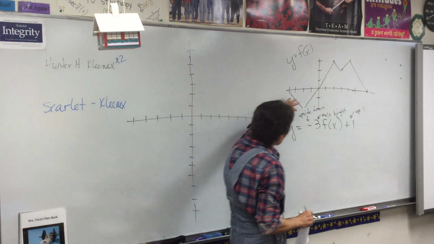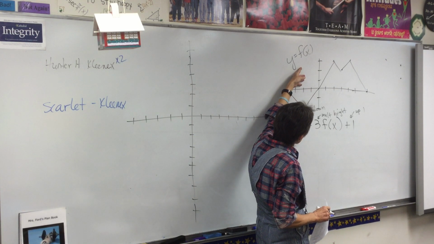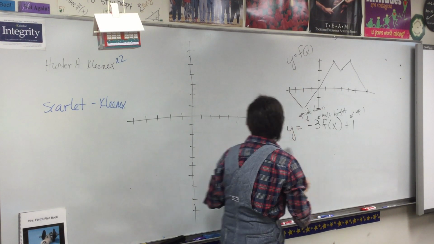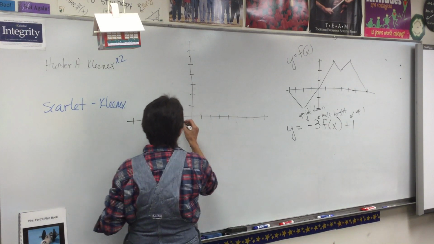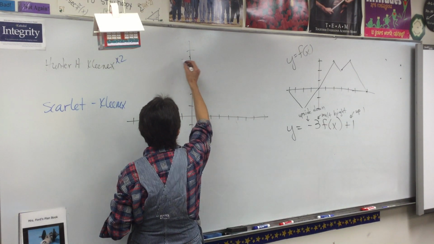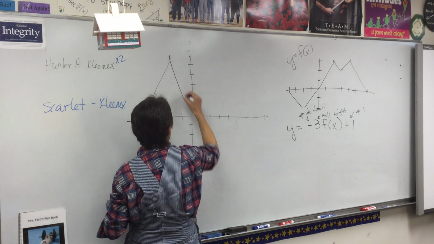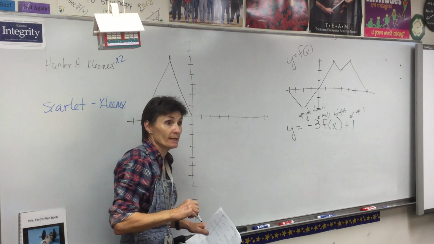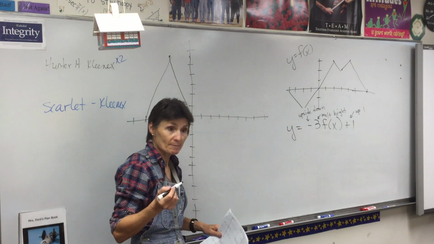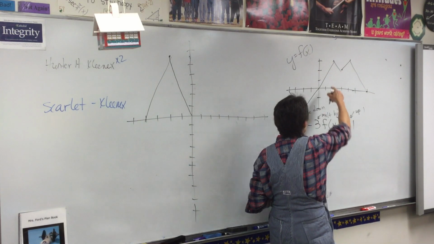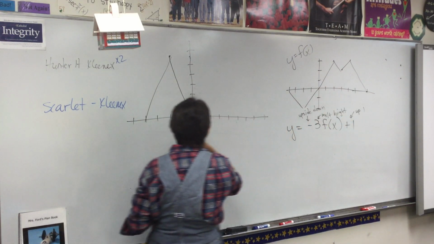So if I flip this triangle and times it by 3, how tall will it be? I heard somebody say it. It's going to be 6 tall. Why is it going to be 6 tall? Because it's originally 2 tall, and I'm timesing it by 3. Now this guy's going to come down, to the upside down.